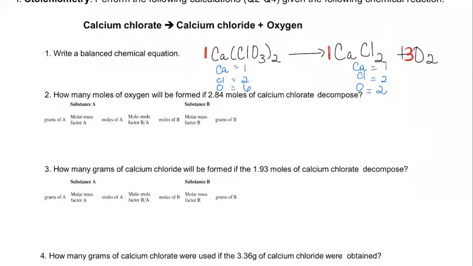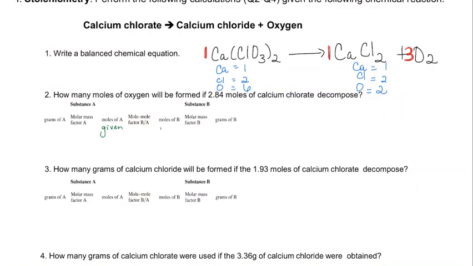In the first calculation, it says how many moles of oxygen will be formed if 2.84 moles of calcium chlorate decomposed. So here we are given moles of something, in this case, moles of calcium chlorate.